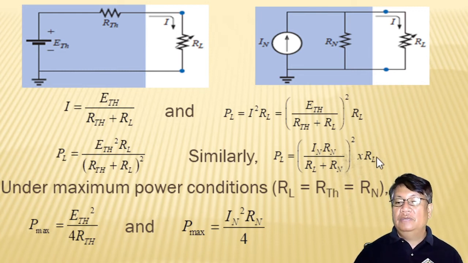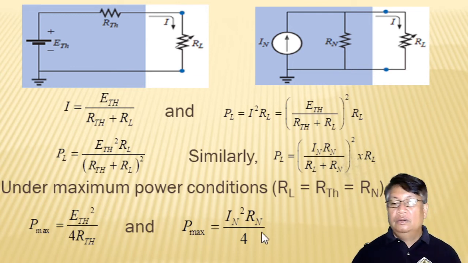Then we have R sub N squared and R sub N here, so we will be able to cancel this R sub N squared from the denominator. That is why the equation for maximum power transfer using the Norton current is I sub n squared times R sub n divided by 4.